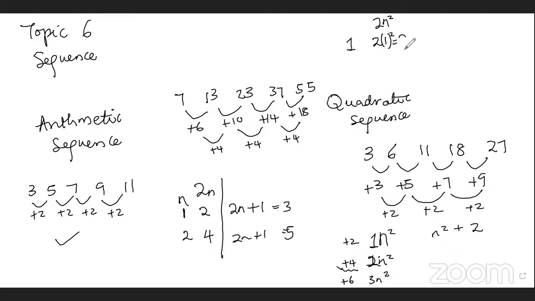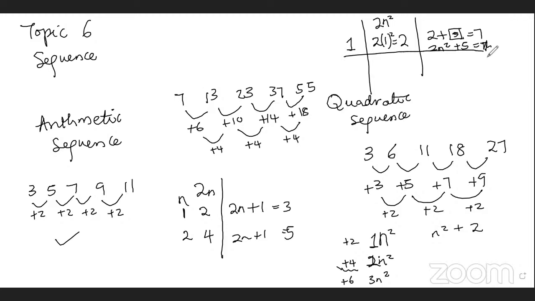Thank you. But what do we have here on the first term? 7. So what did we add to 2 to make 7? 5. So that's 2n squared plus 5, okay?